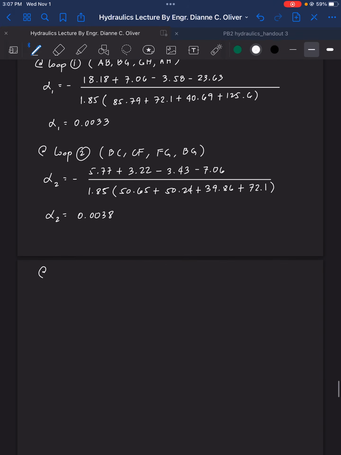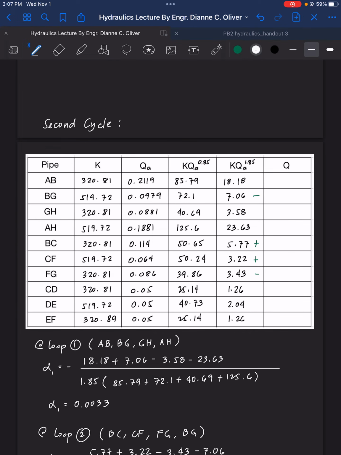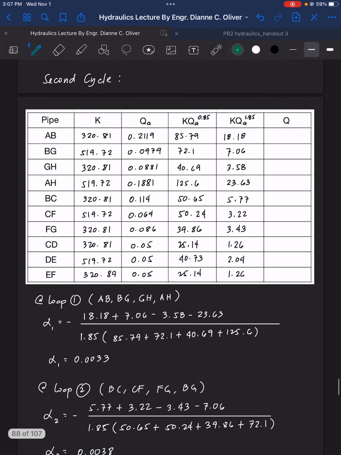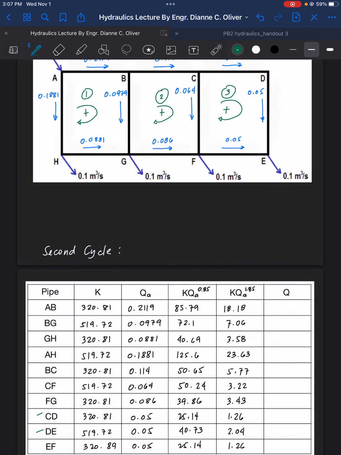Next, at loop number 3. For loop number 3, we have CD, DE, EF, and the CF.